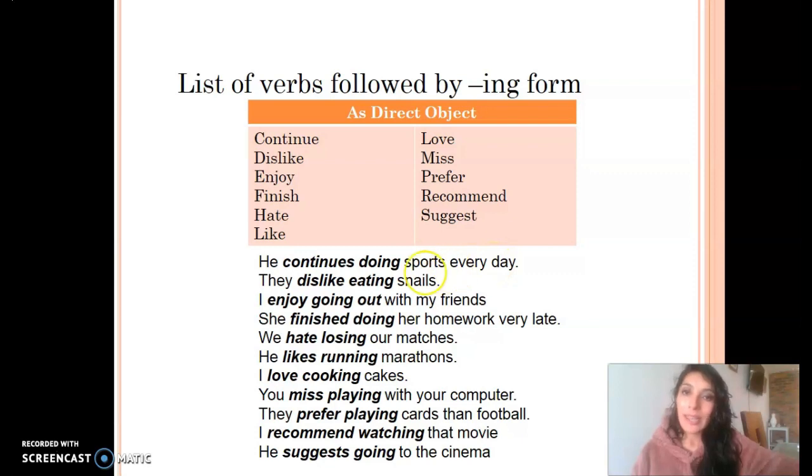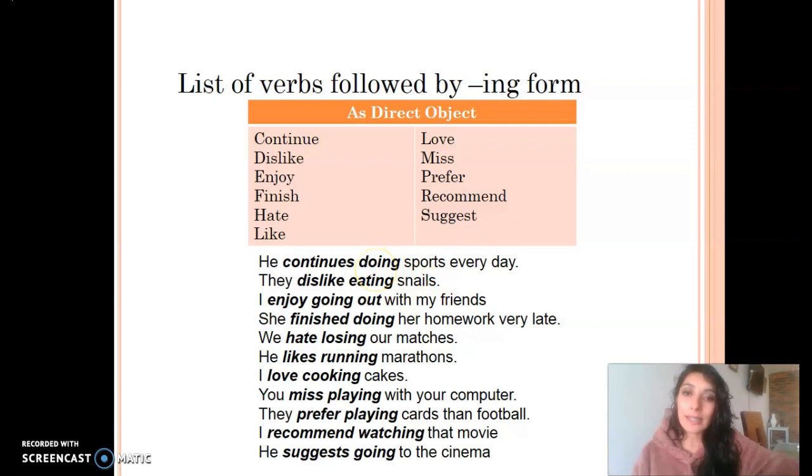So he continues doing sports every day. As you know, it accepts just the gerund form, so the object of the verb here appears like a gerund. Then we have they dislike eating snails.